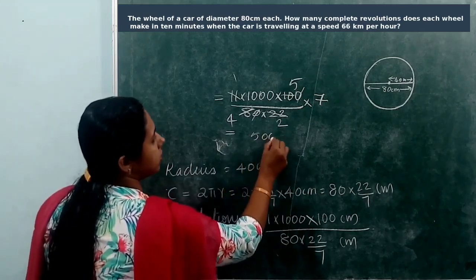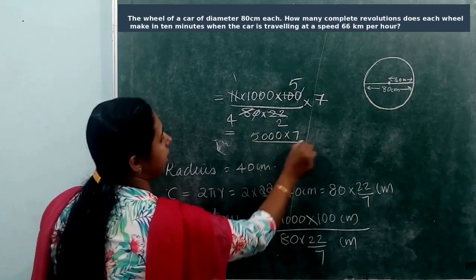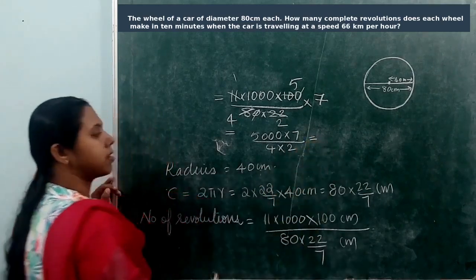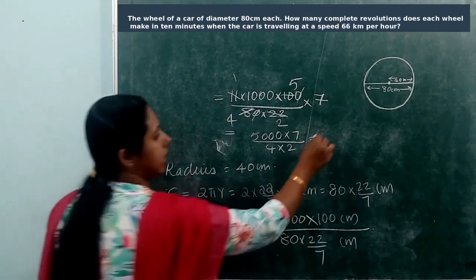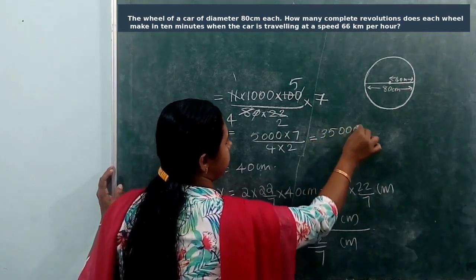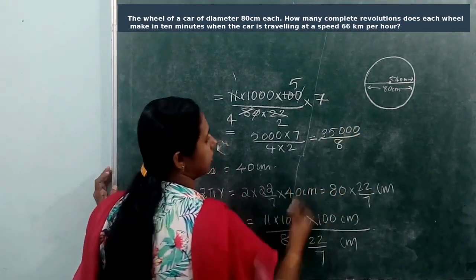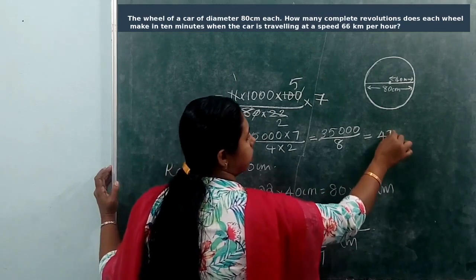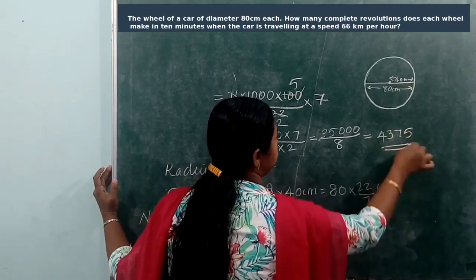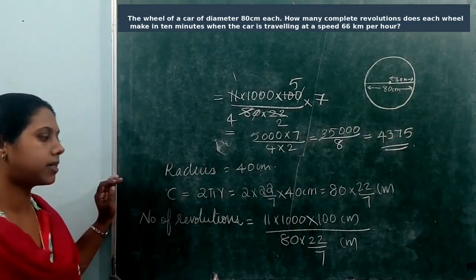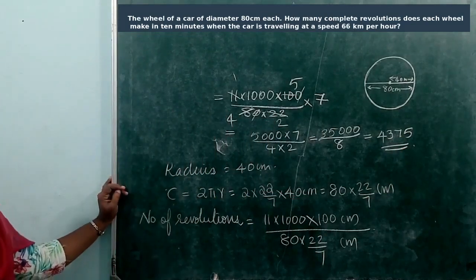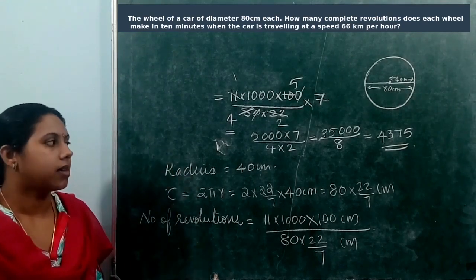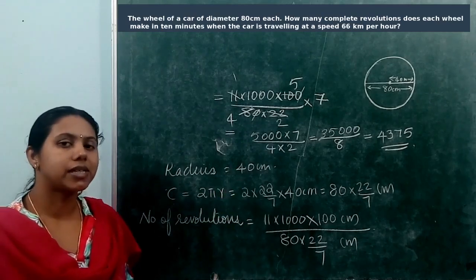So 5000 into 7 divided by 4 into 2, that is equal to 35,000 divided by 8, that is equal to 4,375 revolutions. So the number of revolutions made by each wheel of the car in 10 minutes is equal to 4,375.